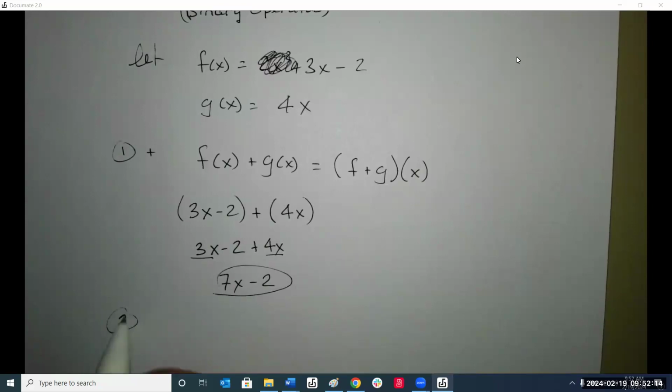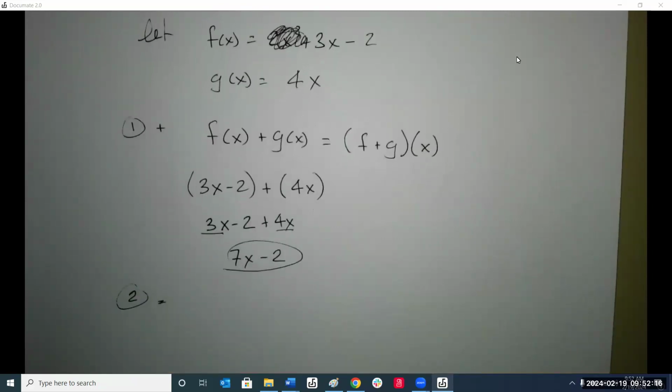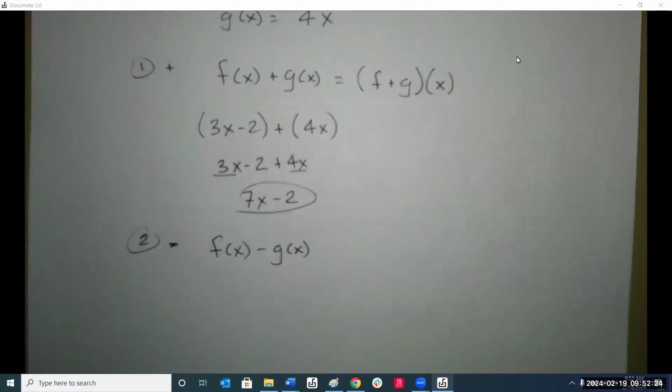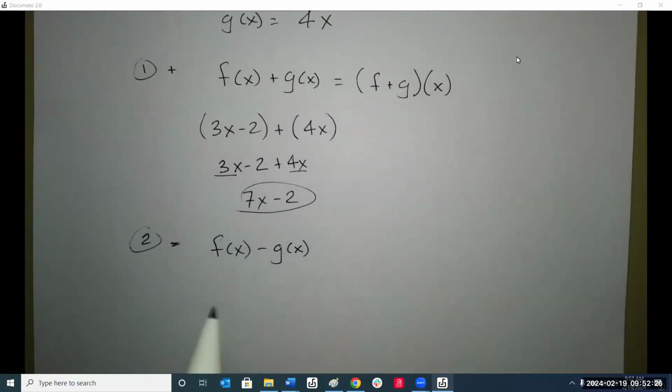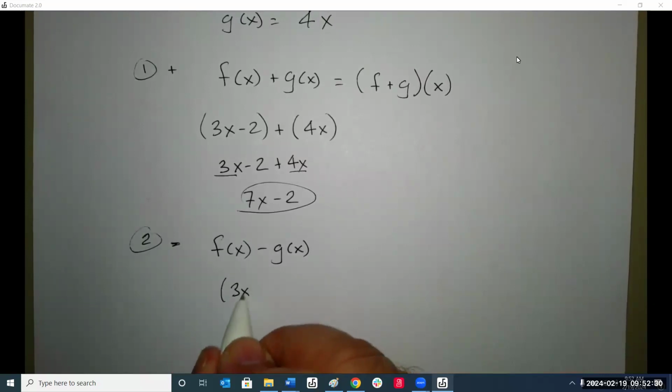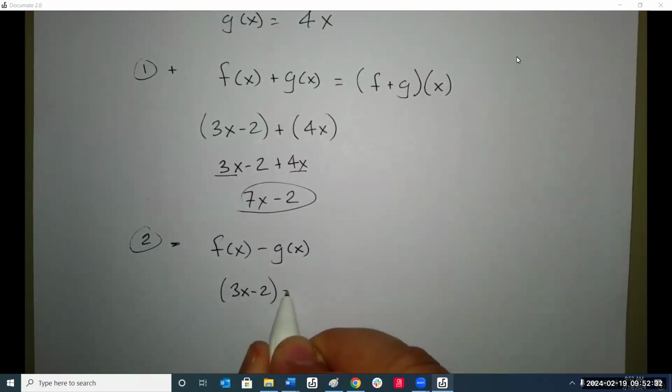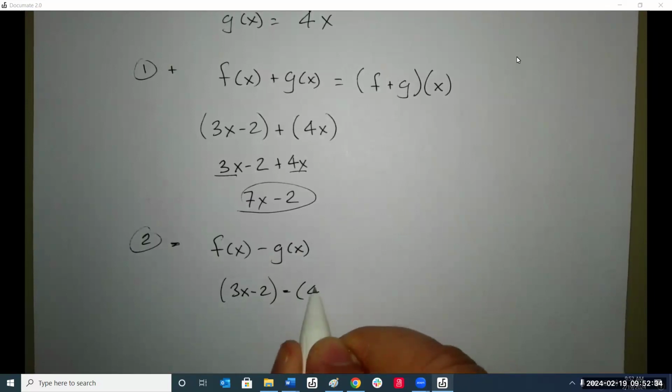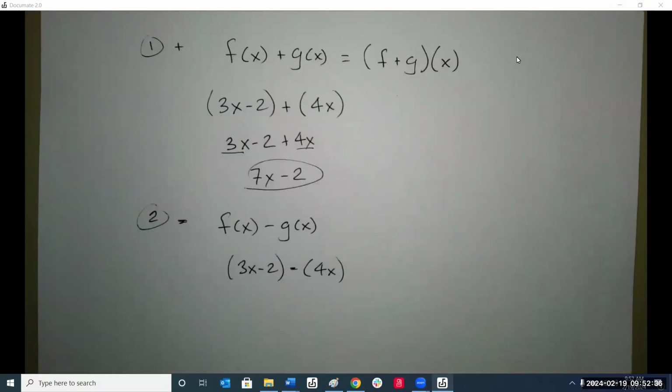Let's look at subtraction. f of x minus g of x. So we have, again, 3x minus 2 minus 4x.